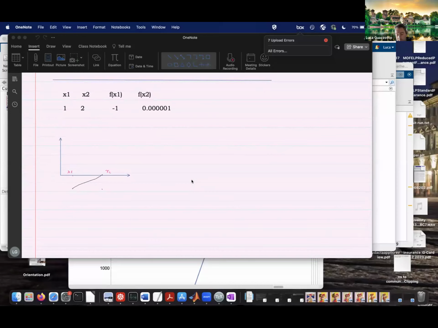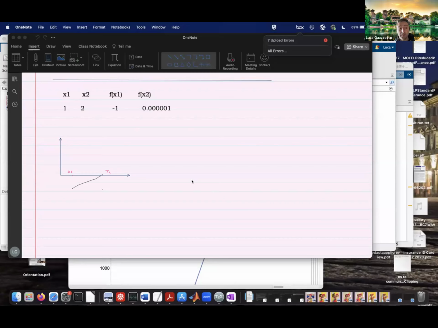Just looking at the values, f of x2 is much smaller than f of x1 in absolute value. So it makes me think, if the function is reasonably smooth, probably x2 is much closer to the correct solution, to the point where the function goes to 0, than x1. But this is information that I'm throwing away with the bisection method. I calculate the value of the function, and I don't take the value, I take only the sign.